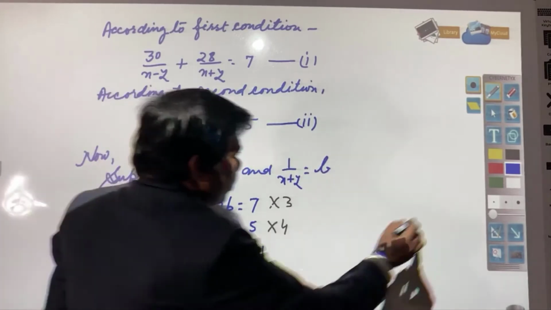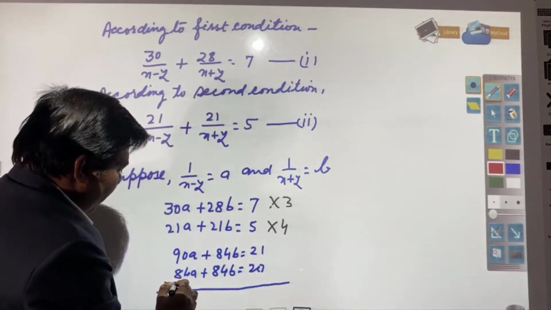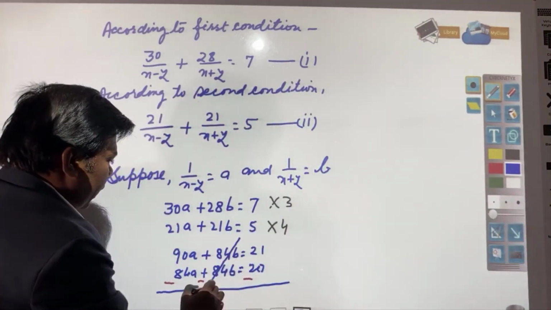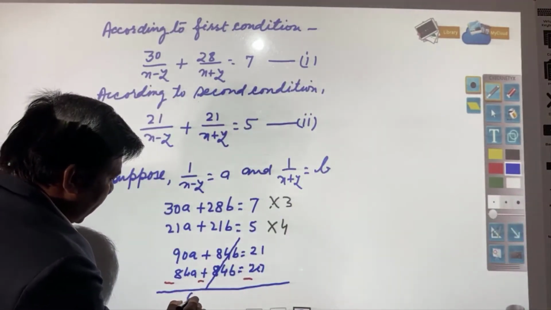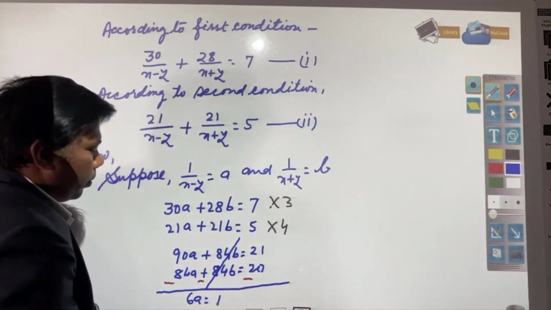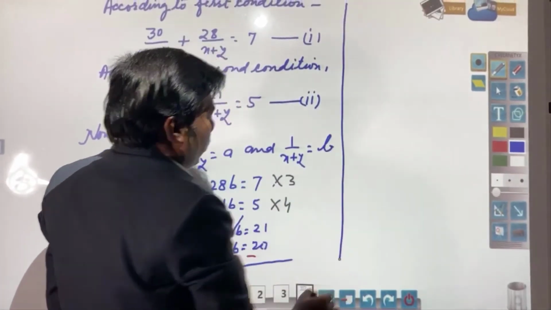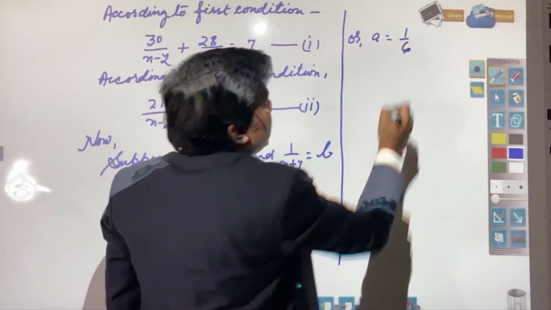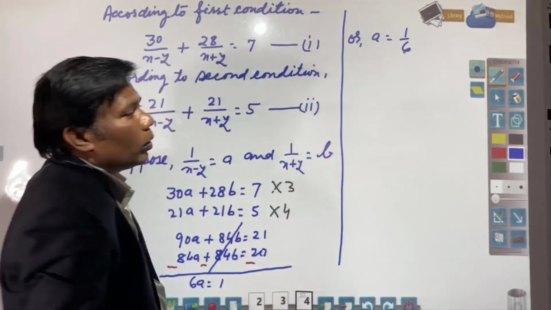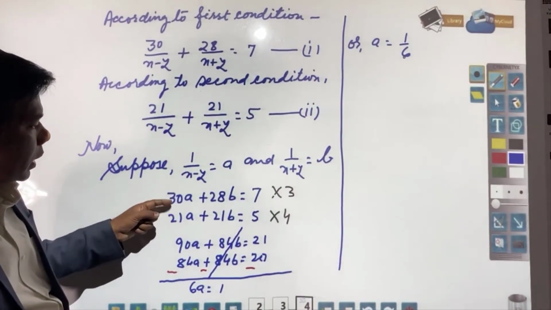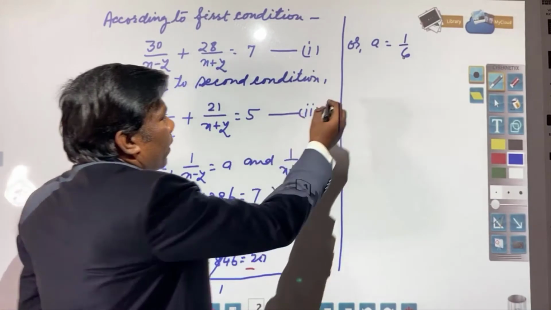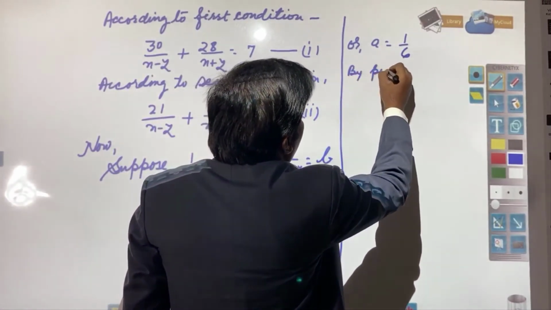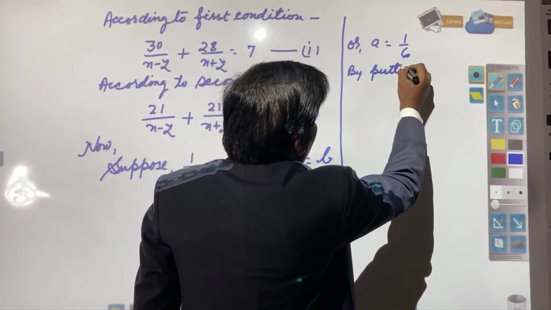Now this is required to be subtracted. If you subtract, the b terms will cancel. You will get 6a is equal to 1, so a will be equal to 1 by 6. Now this is required to be substituted in any of these equations.